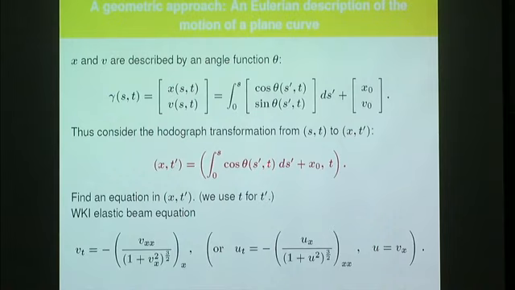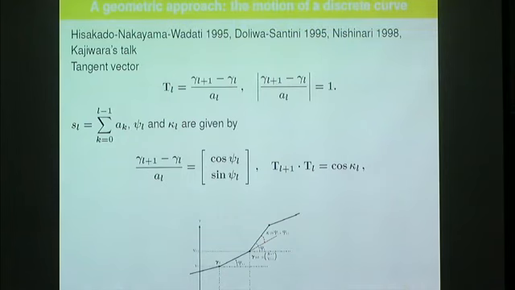And using this hodograph transformation, you will get the WKI elastic beam equation. And this means the WKI elastic beam equation and the mKdV equation describe the same motion of the same continuous curve. So this means these two equations are the same from the point of view of geometry.